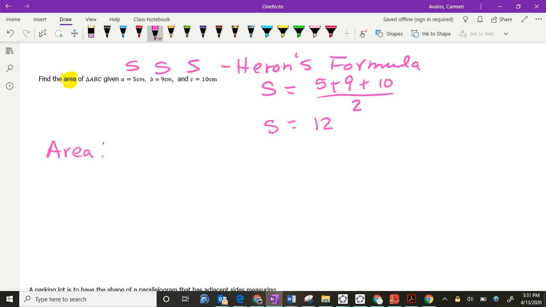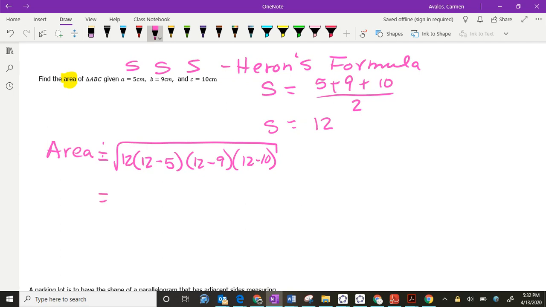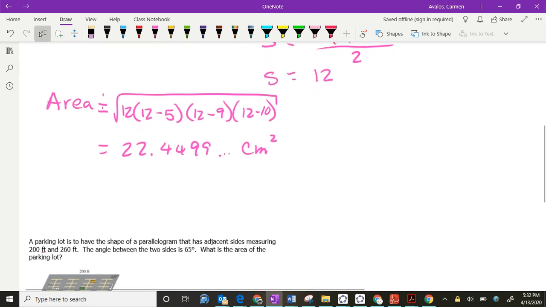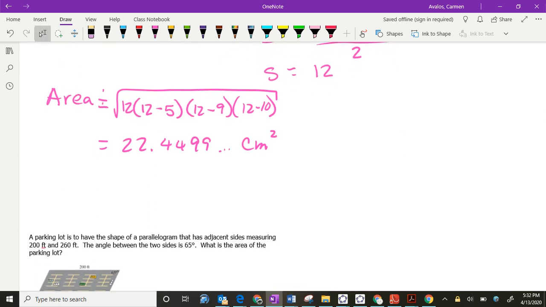So the area is going to be the square root of 12, times 12 subtracted by 5, and then 12 subtracted by 9, and then 12 subtracted by 10. And then once you calculate that and take the square root, we end up with 22.4499 centimeters squared. So the area of this is going to be approximately 22.45.